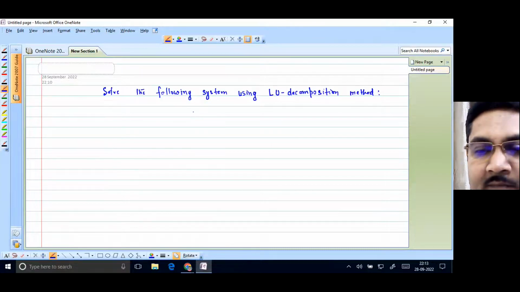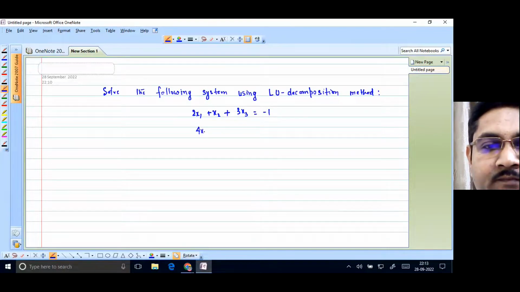First of all, I will write my equations: 2x1 plus x2 plus 3x3 is equal to minus 1. Next equation is 4x1 plus x2 plus 7x3 and that is equal to 5.